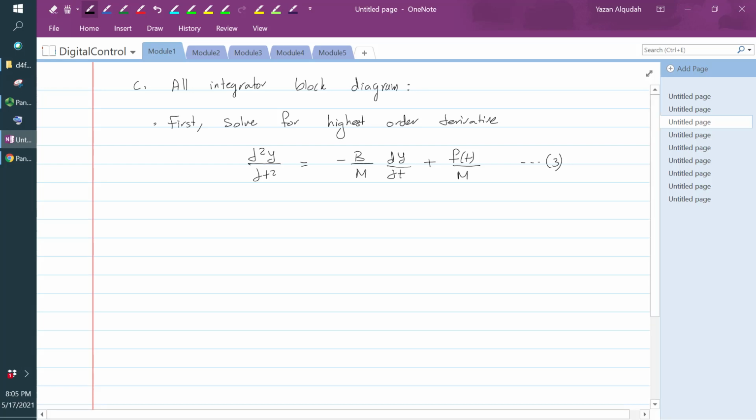So this is the second step: we construct a chain of integrators whose input is the highest derivative of y of t and whose output is y of t.